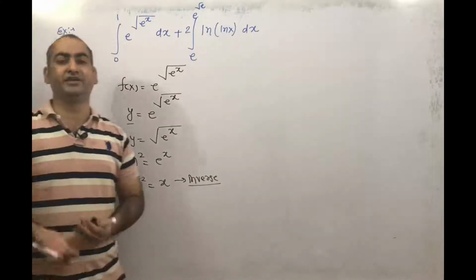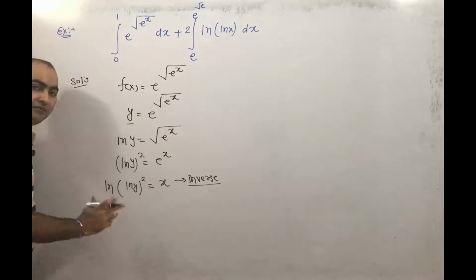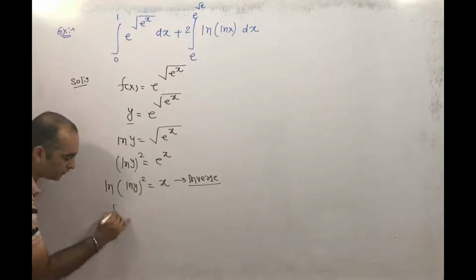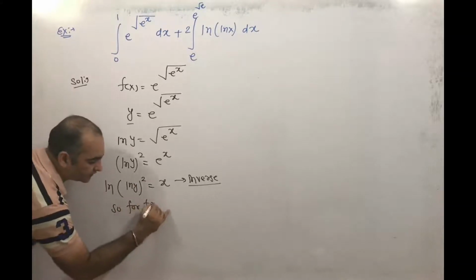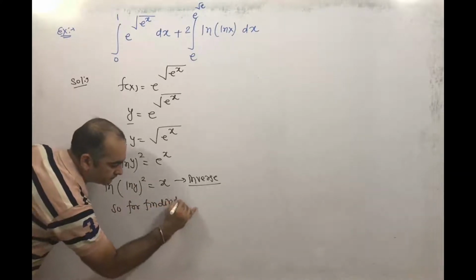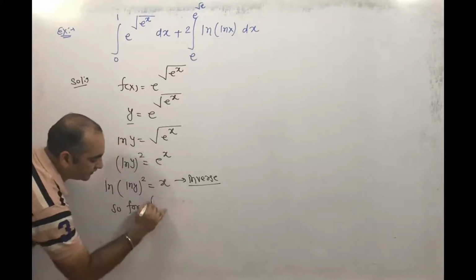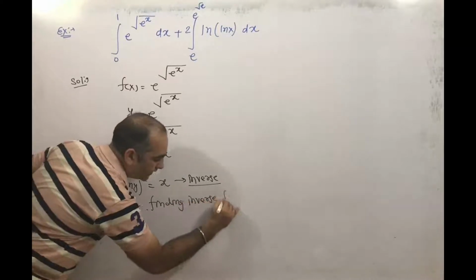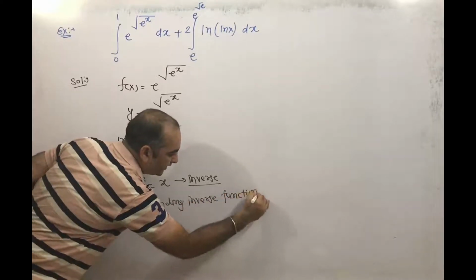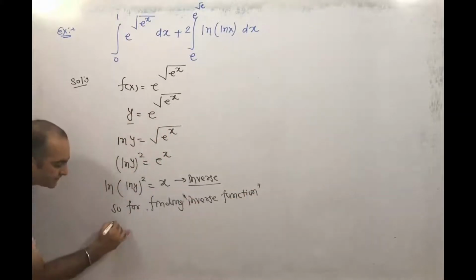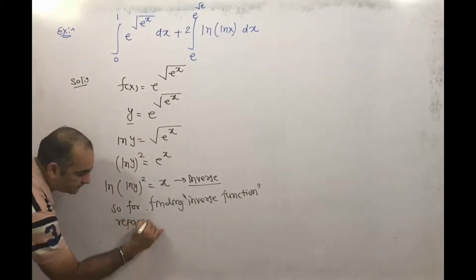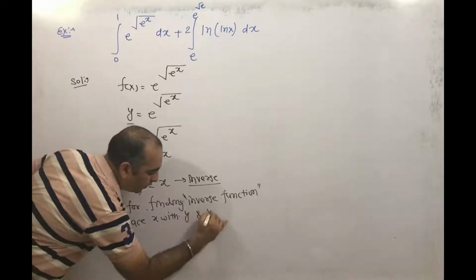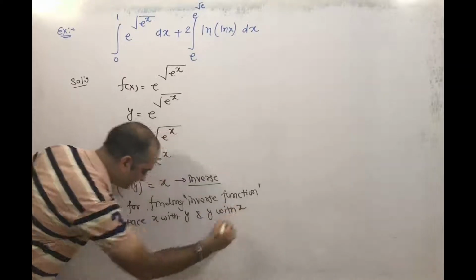But we want the inverse function. If you want the inverse function, then instead of y you put x and instead of x you put y. For finding the inverse function, replace x with y and y with x.